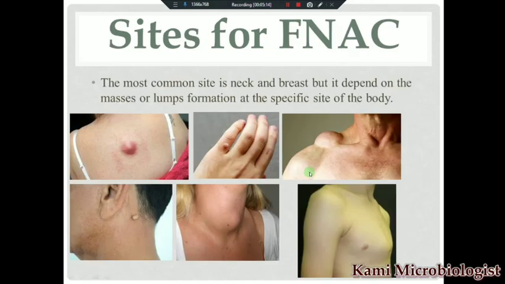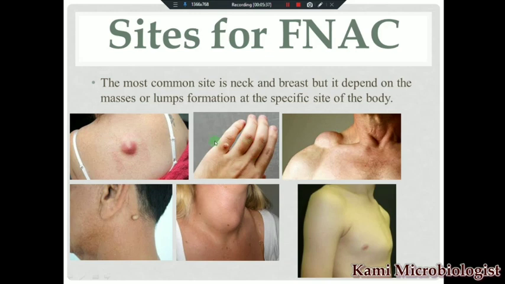Now these are the sites, as you can see. I have put only six pictures, but there are also some other sites. These are the most common sites through which we can perform fine needle aspiration or biopsy. Mostly it is performed in the thyroid area and the breast area.